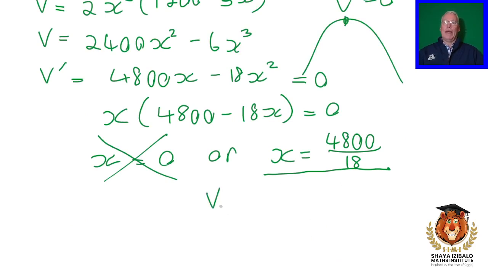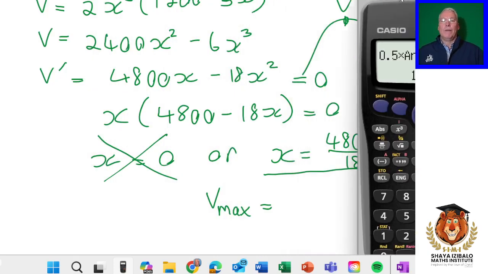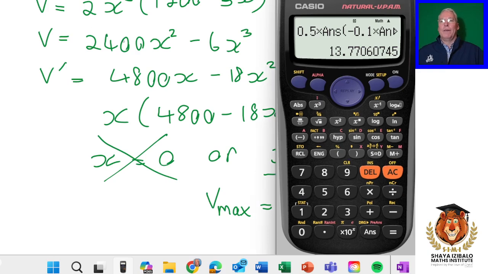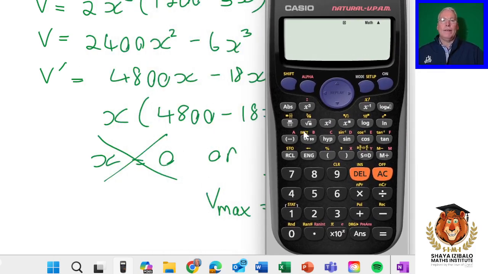The volume max will just be found by putting that value into our equation for our volume. Okay, and we've got our equation for our volume. Let's have a look right there. 2400x squared minus 6x cubed. So our x value is 4800 over 18. All right, there it is.